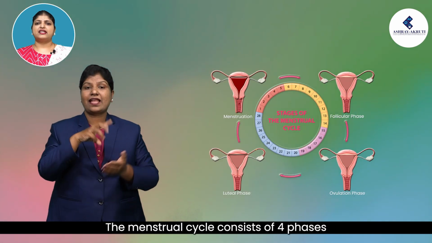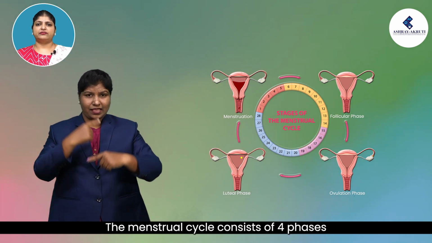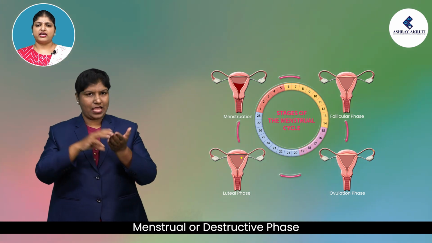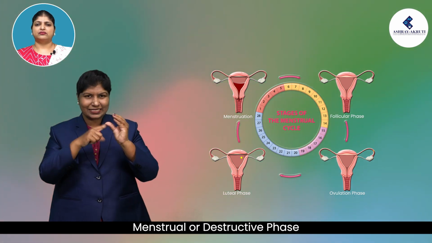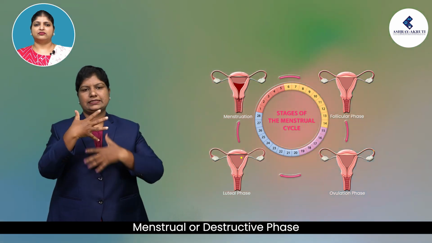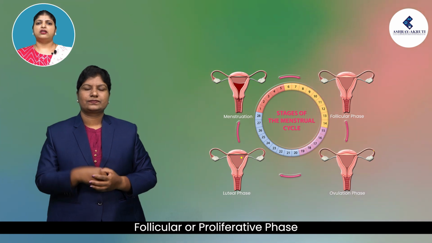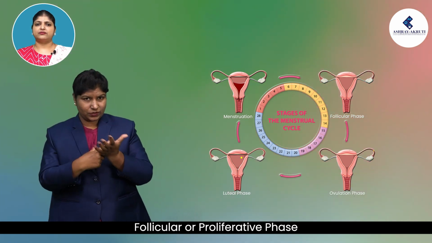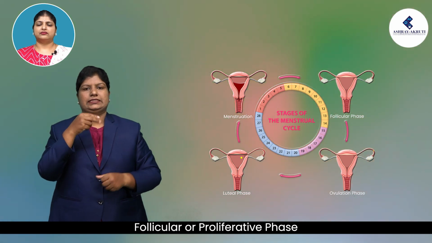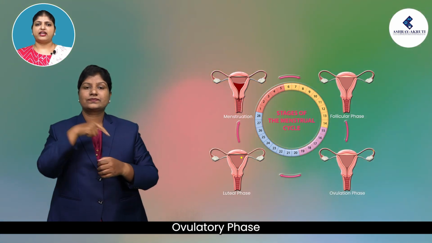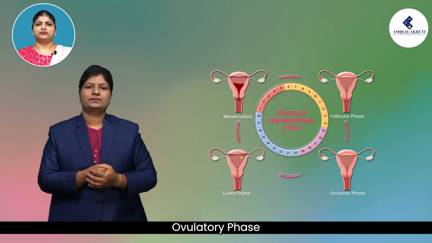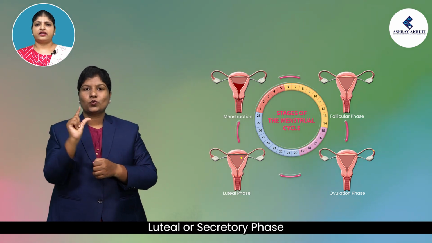The menstrual cycle consists of 4 phases: menstrual or destructive phase, follicular or proliferative phase, ovulatory phase, luteal or secretory phase.